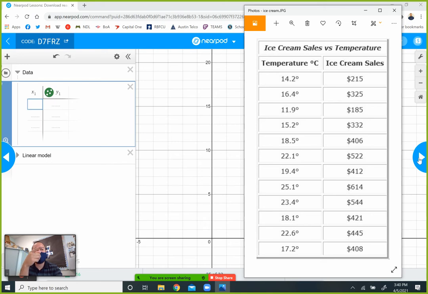Alyssa, you write your equation down? Don't forget to write y equals. Y equals, plug in your M, plug in your B.